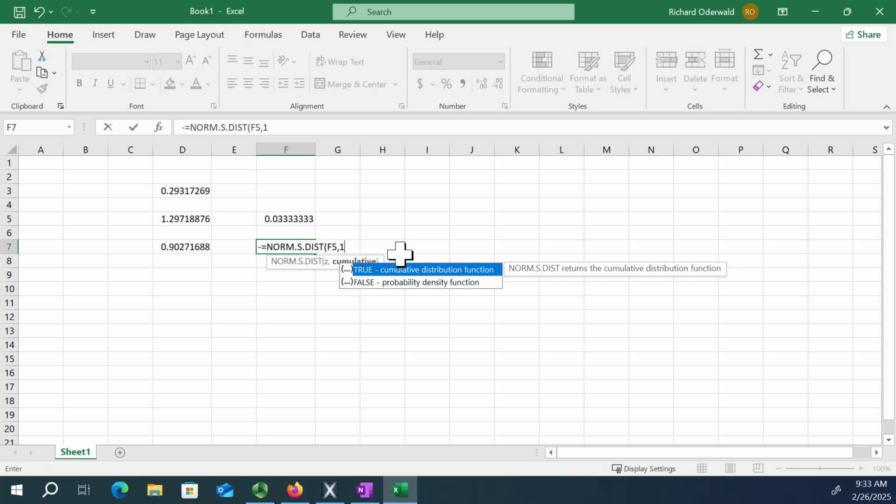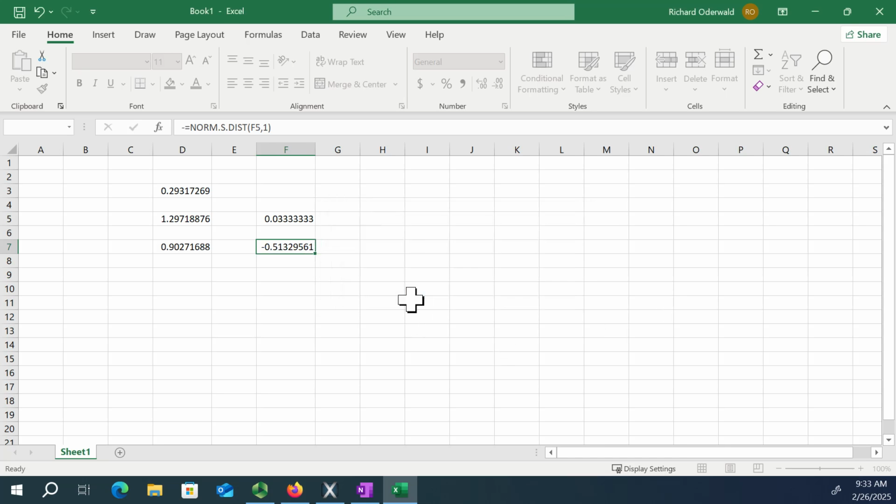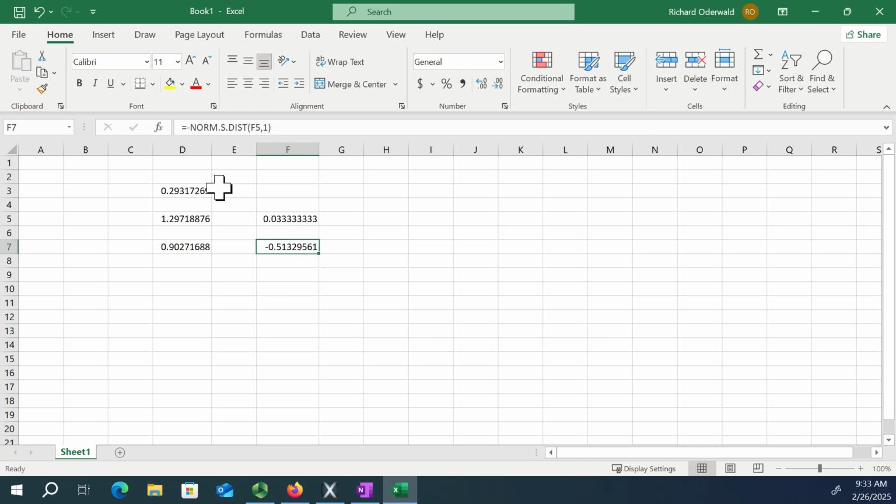It's still cumulative. That didn't go well. What did it do? You put a little negative in front of it. I did put a negative in front of it. That didn't look right. So this one is, the score is in the 51st percentile, just barely above the average.